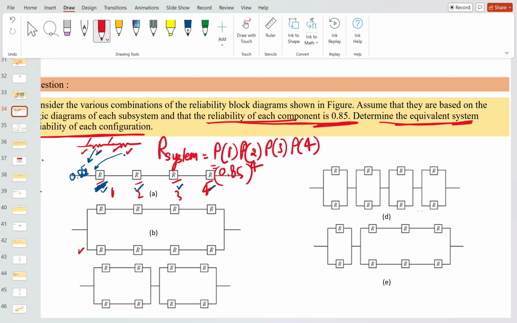But when you see the second system, this is one part of the component and the second part of the component is there.